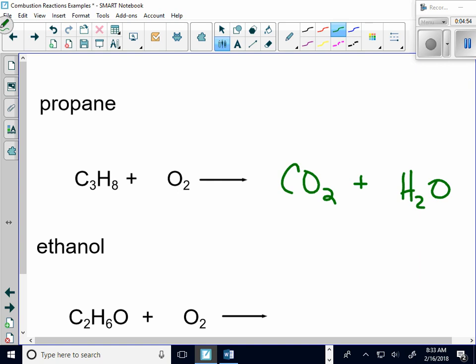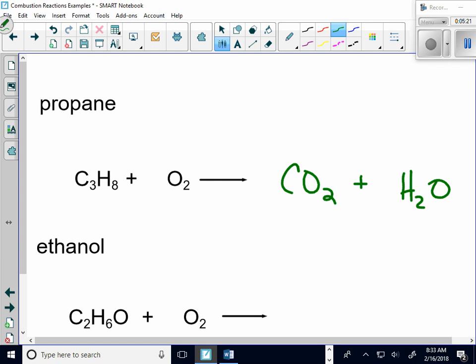When I'm balancing, I follow my balancing rules that we got long ago, and that is I'm going to save my hydrogens and my oxygens for last. So that only leaves what? Carbon. So I always start with carbon on these, folks.